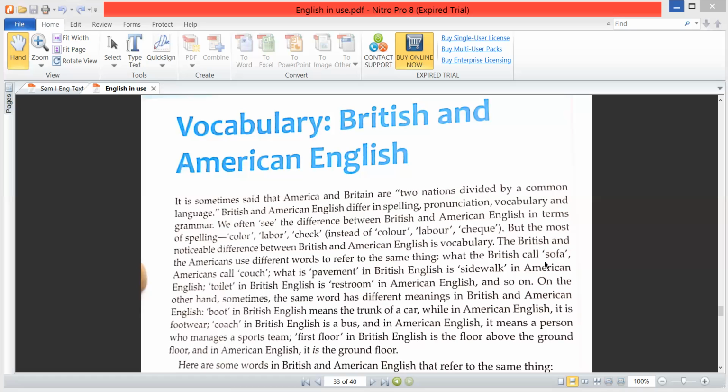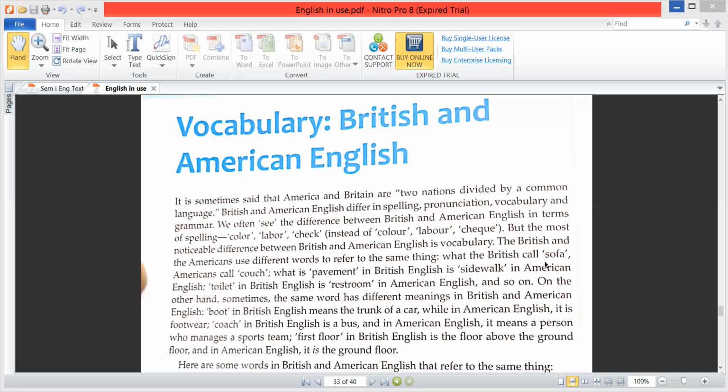Pavement is sidewalk in American English. Toilet is restroom in American English. Just like this, we have a lot of differences in the usage of words in American English when compared to British English.